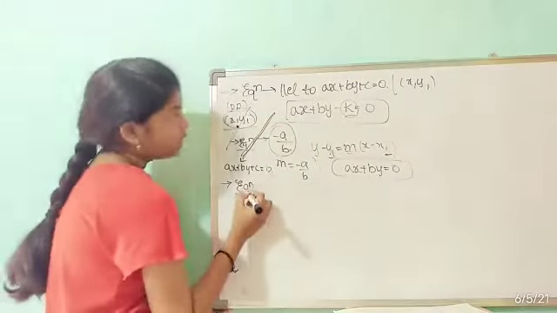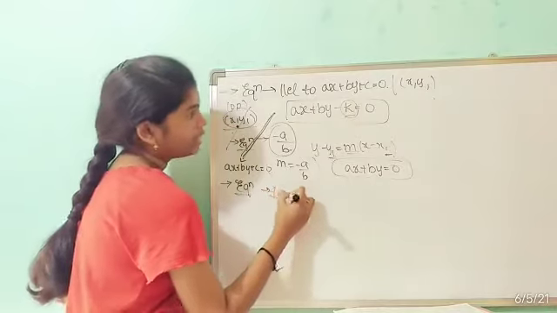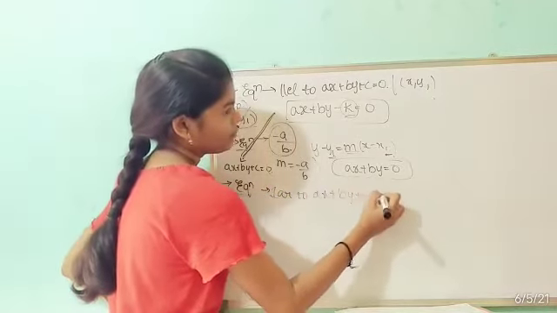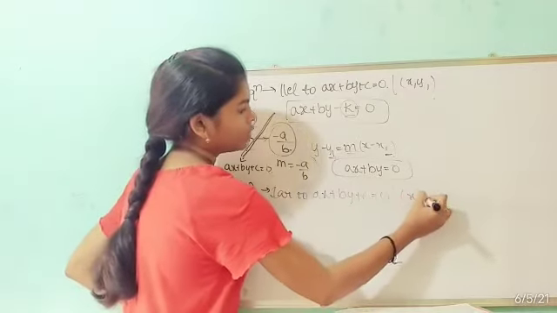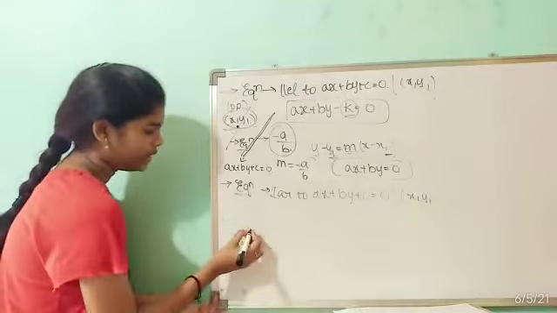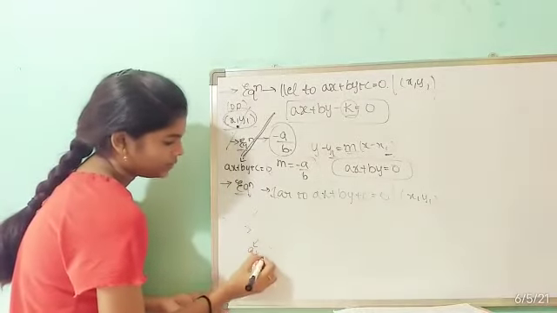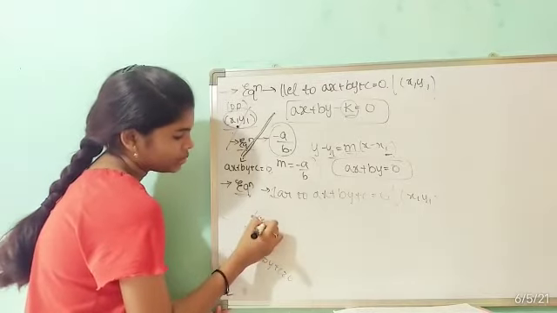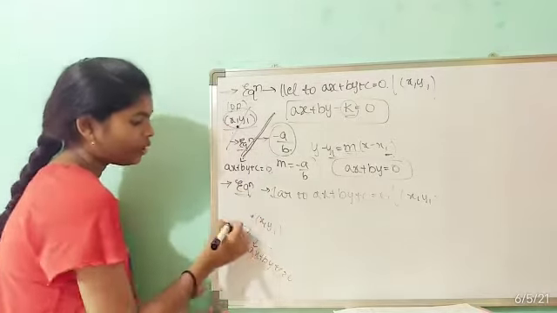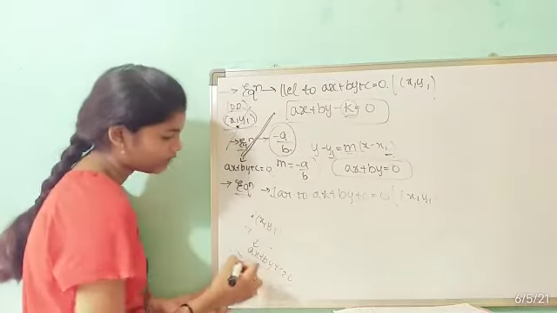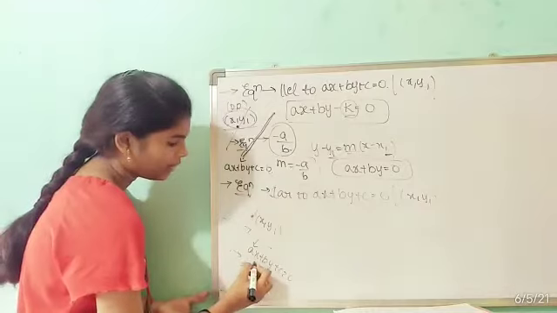And if the equation is perpendicular to ax plus by plus c is equal to 0 and passing through x1 comma y1, as these are perpendicular, the product of their slopes will be equal to minus 1.